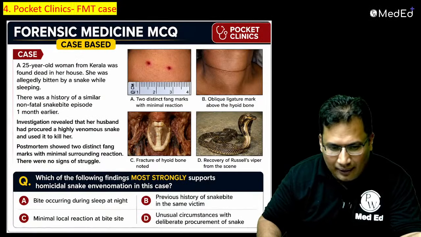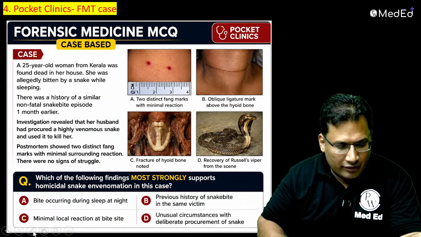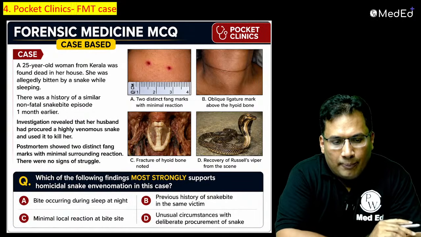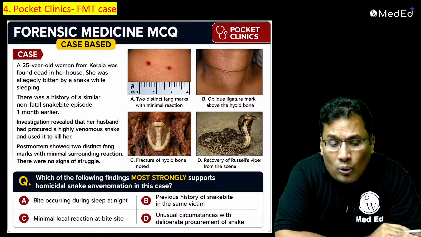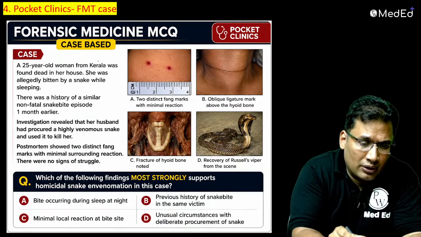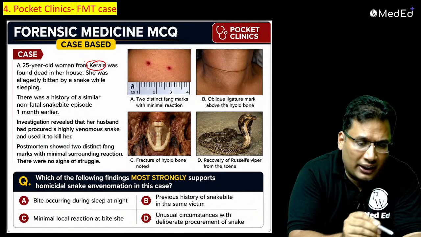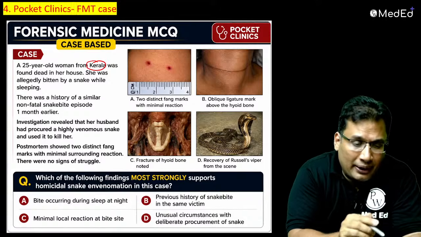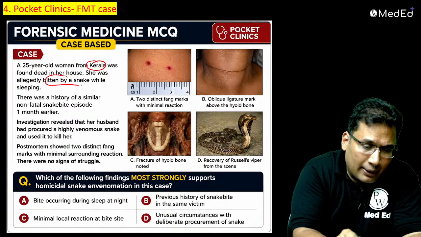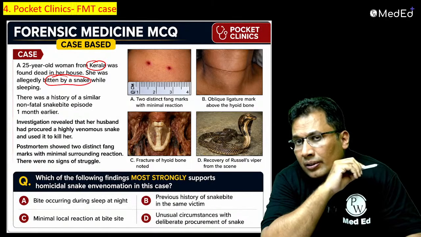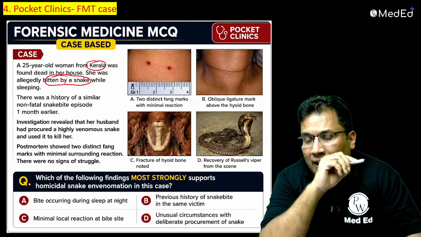Let's see ahead. Next question, very interesting question guys. A 25-year-old woman from Kerala was found dead in her house. Again, this is a very important case. She was allegedly bitten by a snake while sleeping. There was a history of snake bite, not once, twice in her life.